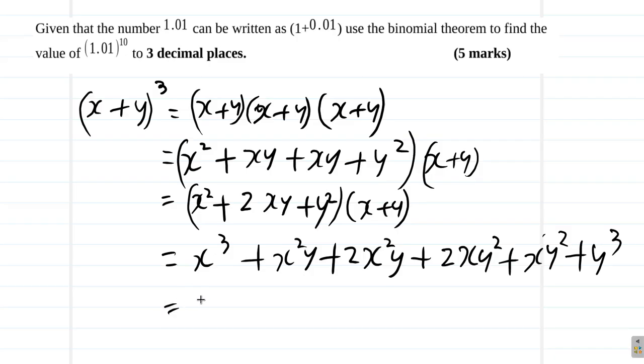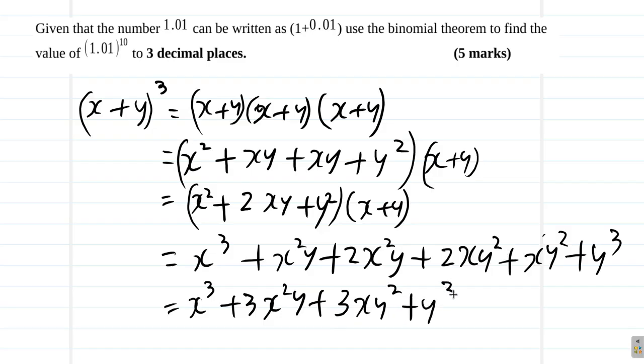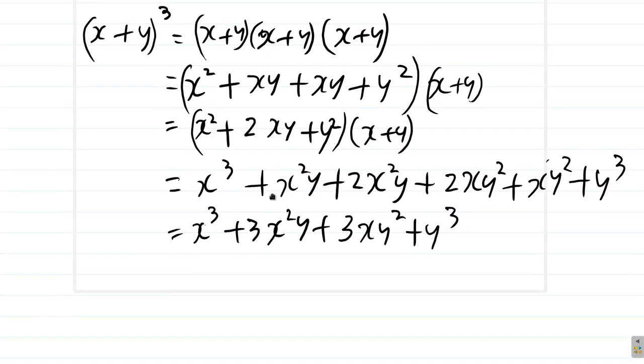Adding up these things together, you have x cubed at one end, x squared y plus 2x squared y gives you 3x squared y, plus 2xy squared plus xy squared gives you 3xy squared plus y cubed. Now, remember you have a certain pattern here. So this is x plus y cubed.